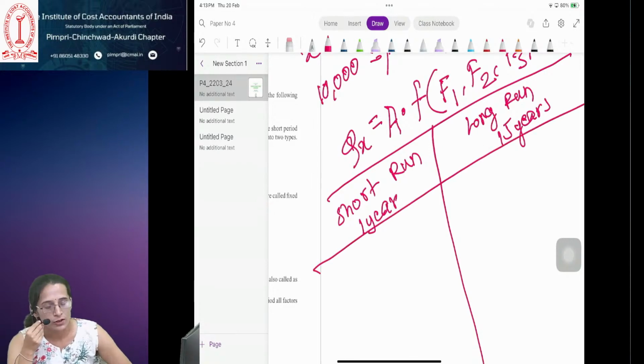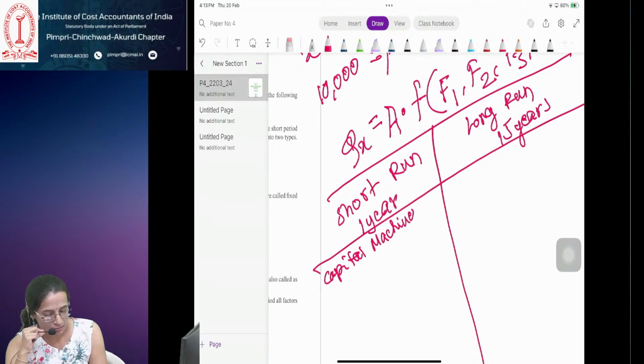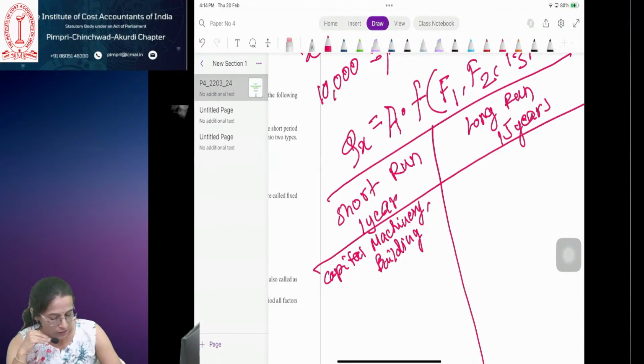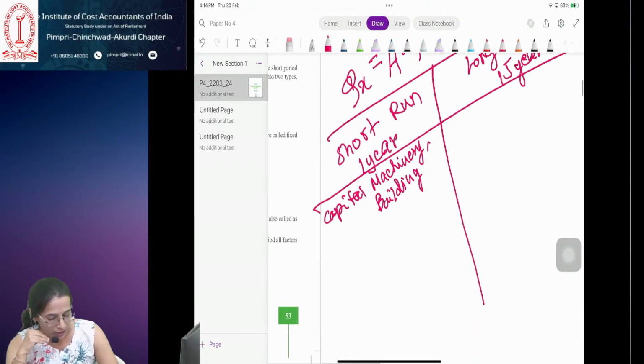In the short run, I want to produce something, so I will invest capital, bring machinery and a building, and then start the production of goods. I will purchase the raw material, pay the laborer, and pay the rent.